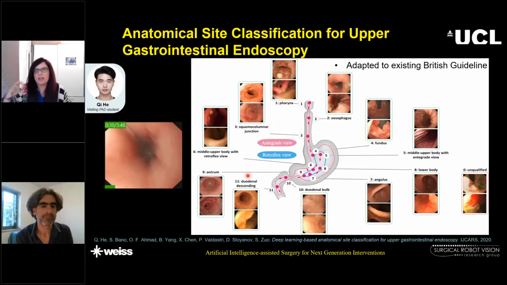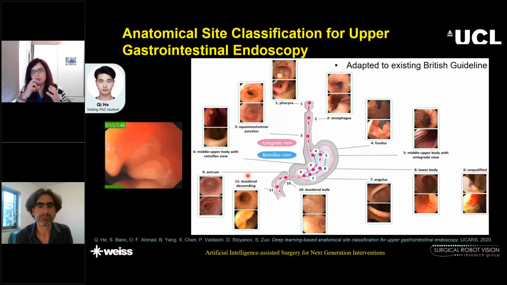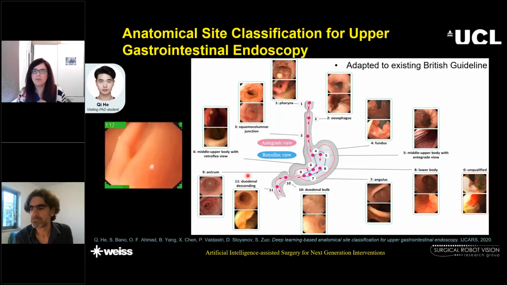This kind of classification can help in eliminating blind spots during the procedure, so that the clinician localizes all the relevant target sites for identifying any abnormalities in the tract. And then it can also help in automatically generating photo documentation for these kinds of procedures.